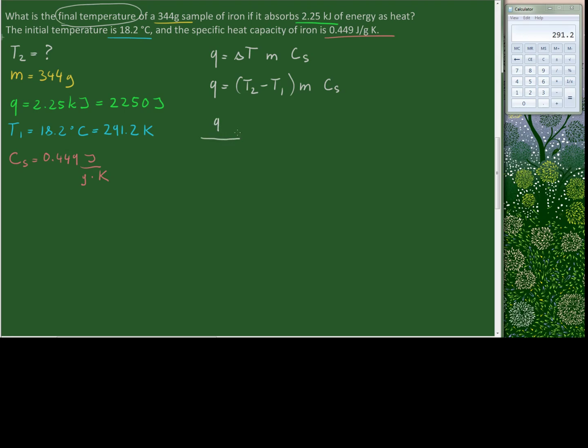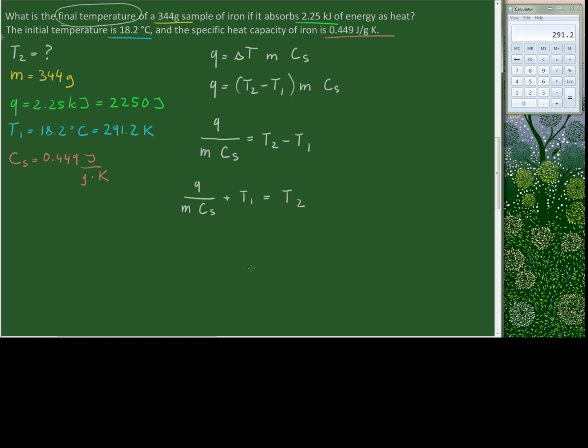So on the left we'll have Q over mass times specific heat capacity, and we will be left with T2 minus T1 on the right. And then we need to get rid of this minus T1 by adding T1 to both sides. So we'll have Q over mass and specific heat capacity plus T1 equals T2.